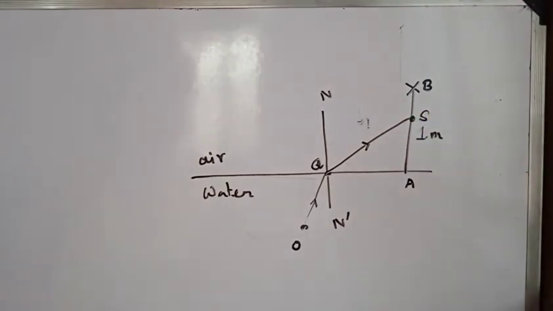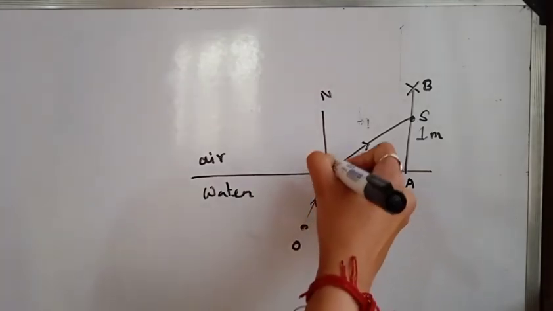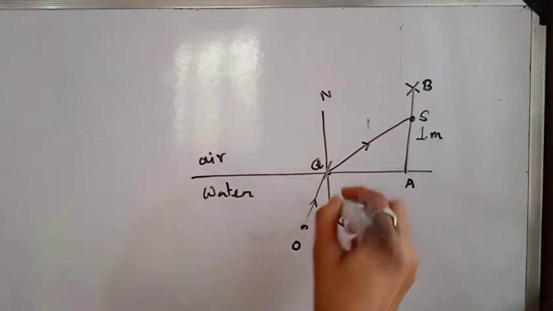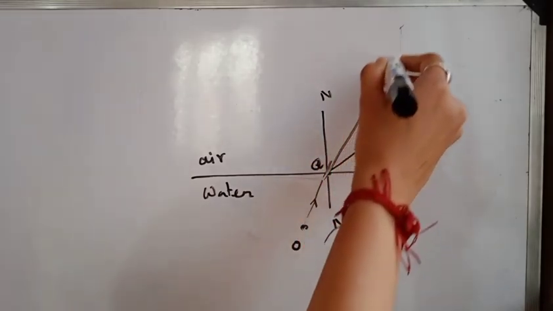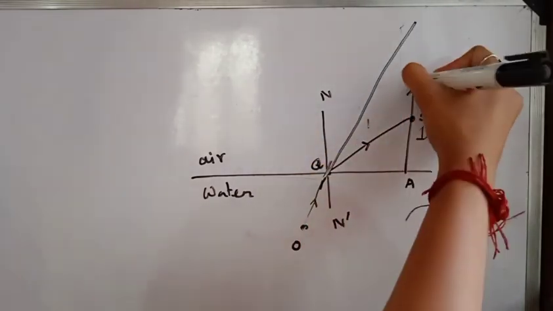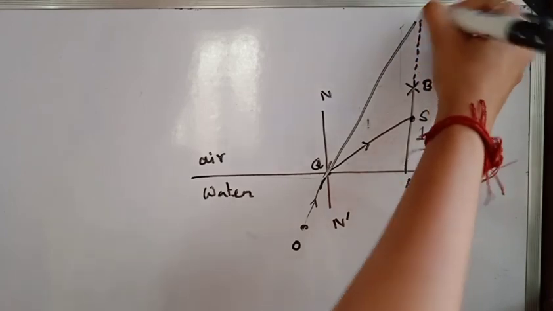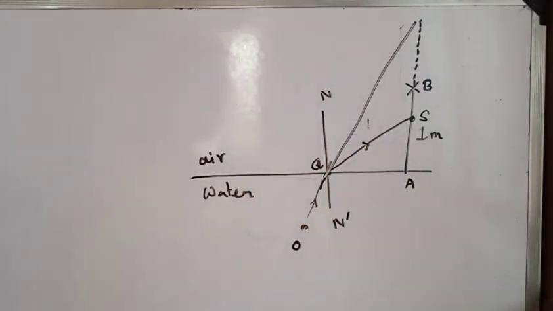But the fish cannot follow this bended path. So the fish will follow the straight line. So the tree will appear to be a little taller.